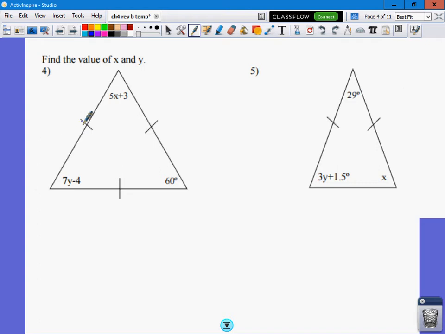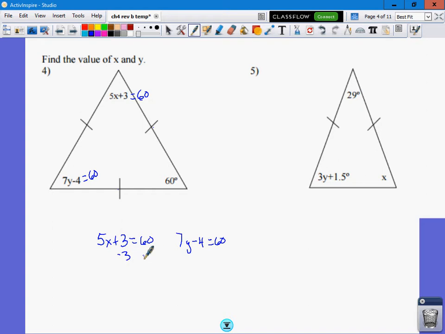Number 4, because this is an equilateral triangle, each one of these angles has to be 60 degrees. So I do know that 5x plus 3 had to be equal to 60, and 7y minus 4 also has to be equal to 60.